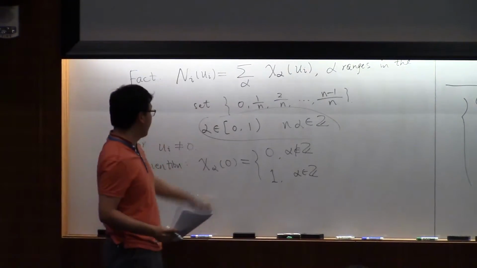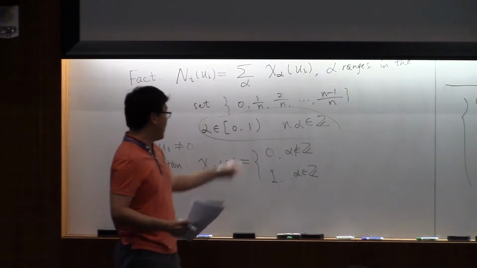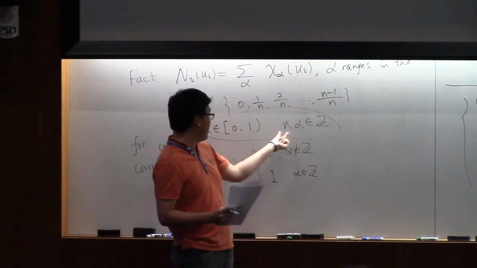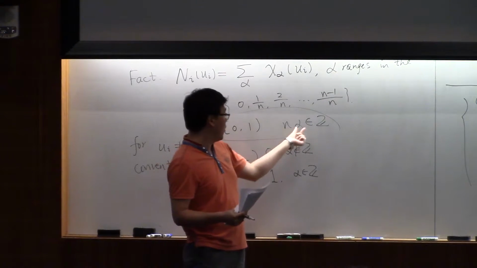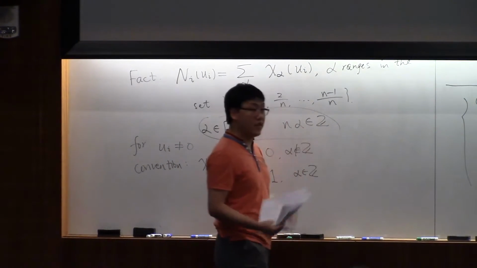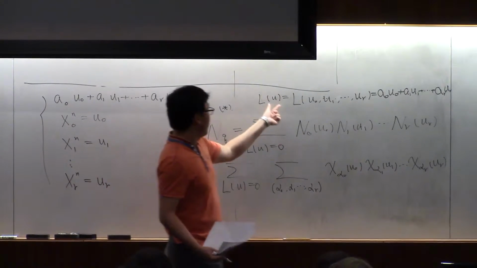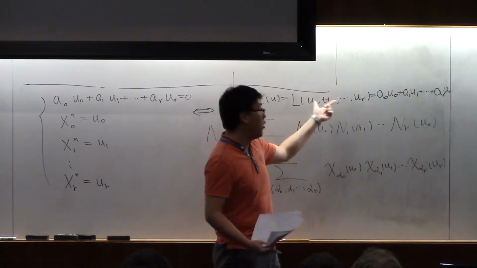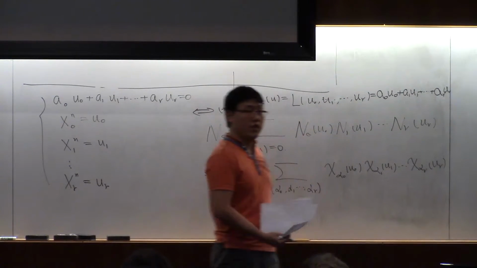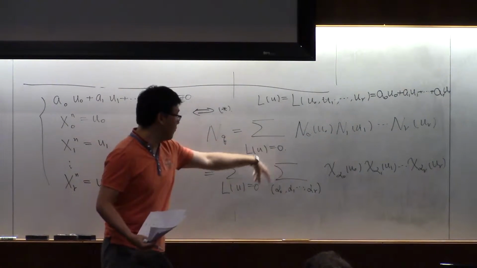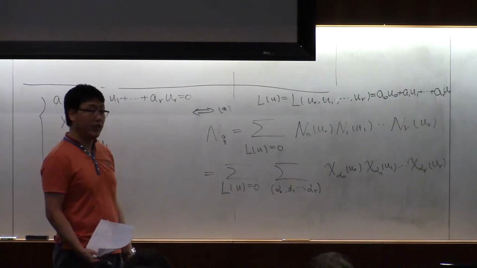All the alpha i's are between 0 and 1, they are rational numbers, and if you multiply the integer n to each of these alpha i, you get an integer. So this is the range, this r plus 1 tuple. For u here, it ranges over all the r plus 1 tuples such that this linear function is 0. So this is the range of the sum.